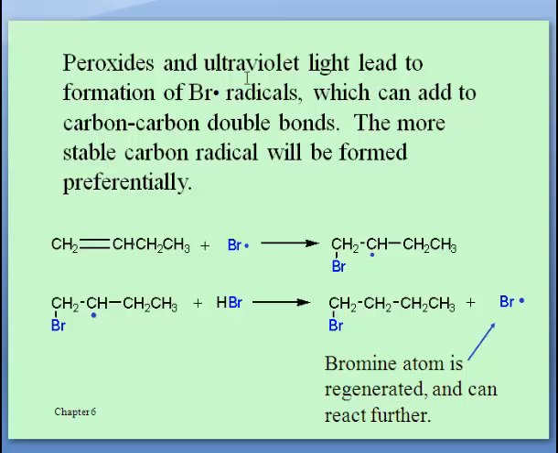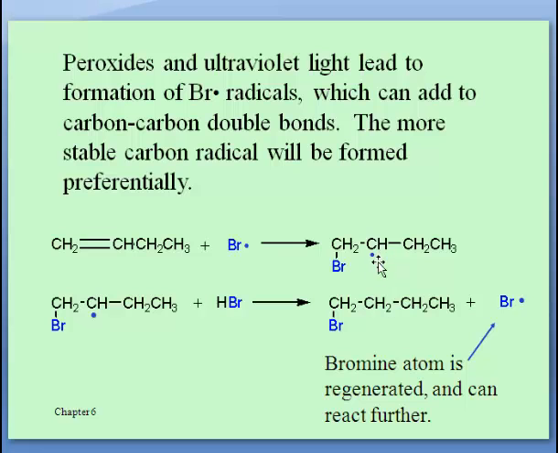So with this anti-Markovnikov addition, what we get are radicals of bromine atoms. And that bromine atom can add across the double bond. Again, one of the bonds from the double bond makes a covalent bond to bromine, and that's going to leave an unpaired electron on the carbon next door. And so here's one of the two possible radicals we can make, and we would expect this one to be more stable because it's a secondary radical.